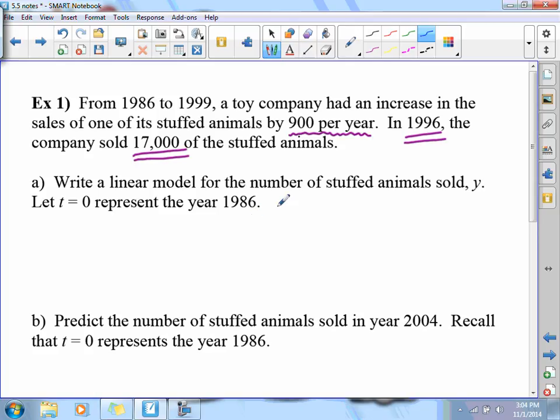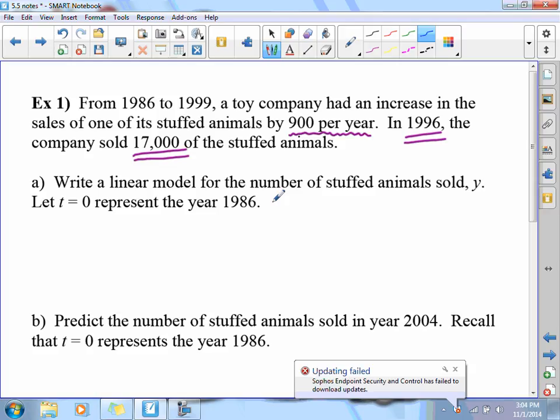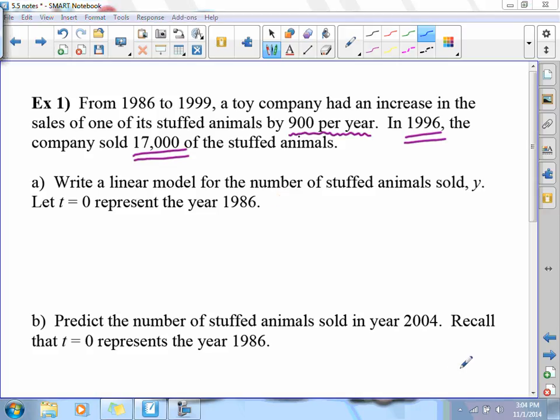Okay? Now, even if this part seems a little wordy here, what they basically want us to do is figure out if this is a slope-intercept or a point-slope form, or if it's a standard form. Now, if it's standard form, you're definitely going to have two pieces of information. If it's point-slope form, you're going to have information about a slope and a point.